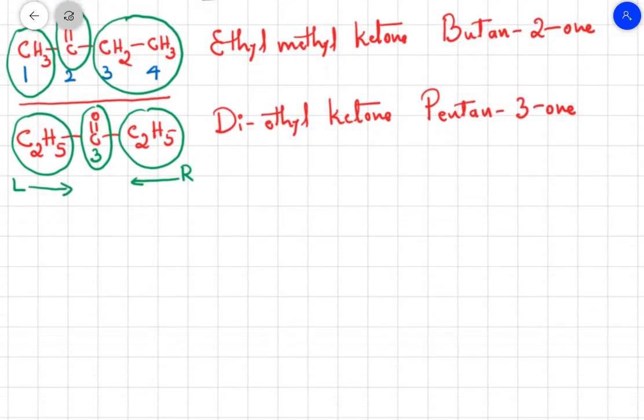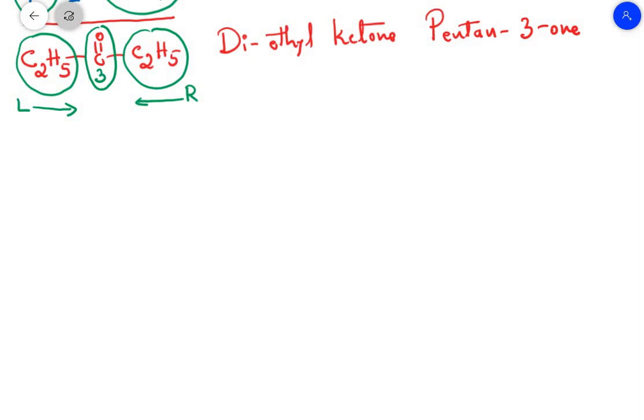In the case of next examples, as we move to higher ketones, common names are less available, and therefore we will be having only IUPAC names. CH3 C double bond O CH2 single bond CH2 single bond CH3.